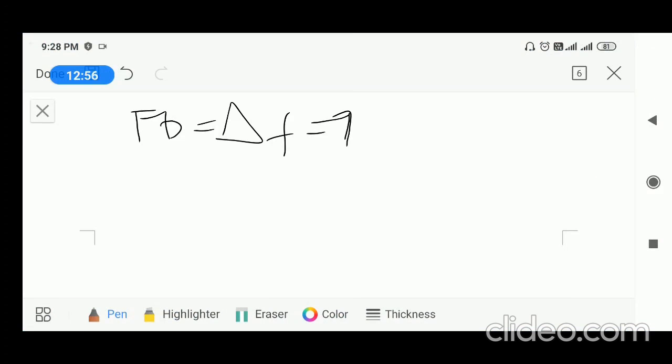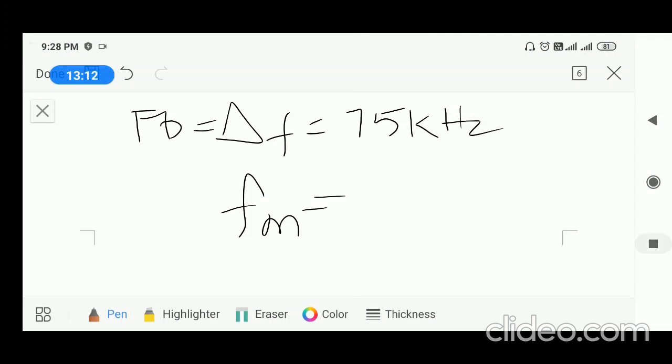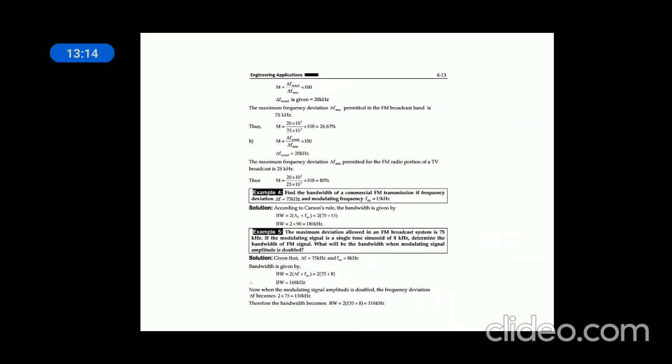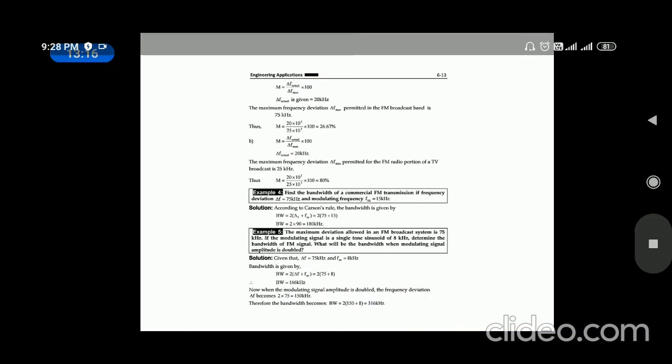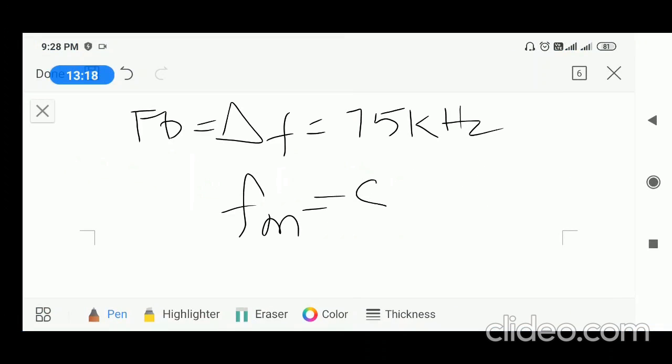And the modulating frequency FM is 8 kilohertz.